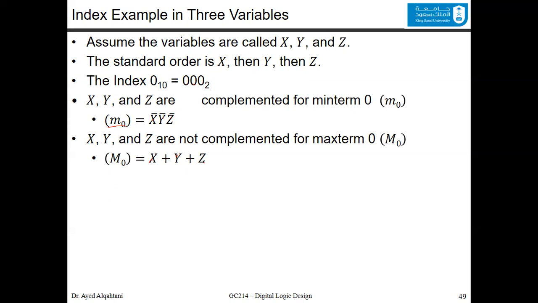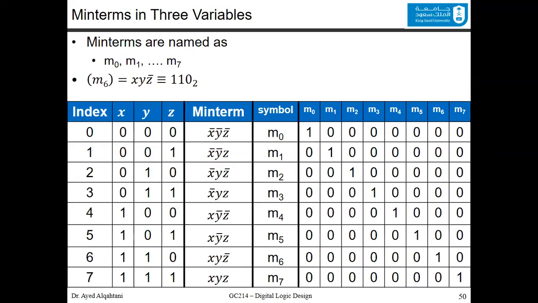To show this in an organized way, check this table. Here we have the min terms. We have this table before, and we filled in the min terms. Now we are adding the index, and you can see simply that the indexes go from 0 to 7. Now we are saying that this one is m small 0.